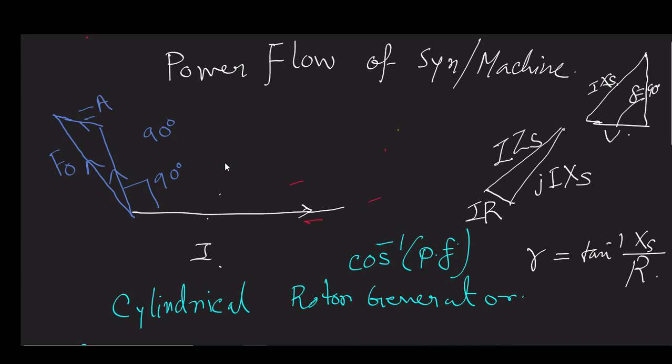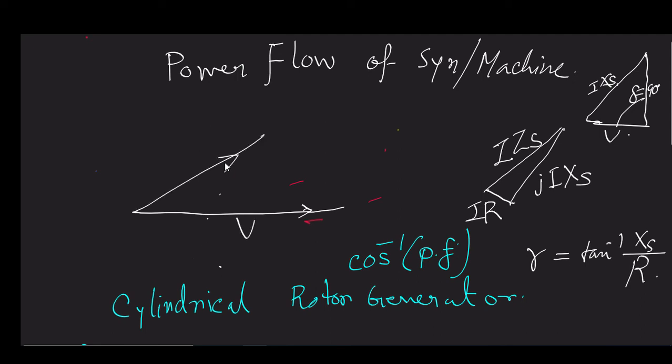Now think about a leading current. Let me drop these at this moment, otherwise they will make it pretty complicated. So this is our V, this is our I. Now if this is the case, then we can have something like, let me first draw jIXS.